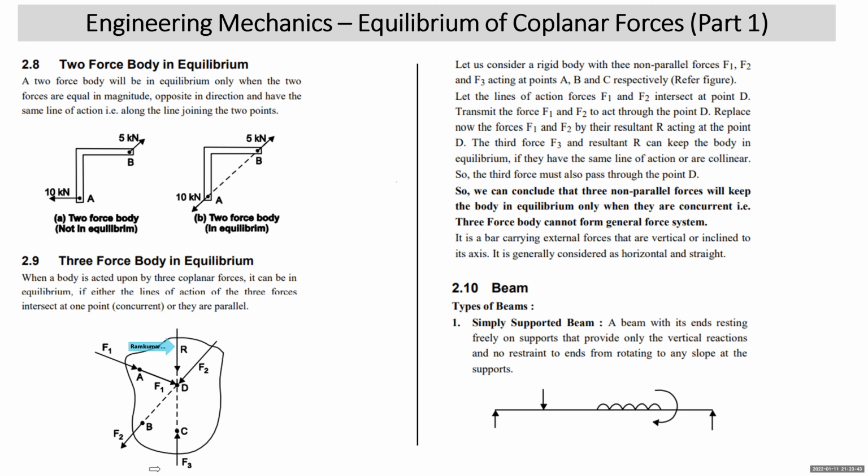Now what has happened? These three forces F1, F2, F3 made a three force body. Now I have reduced it to a two force body. What are the two forces? R and F3.